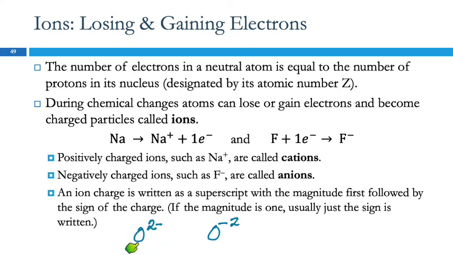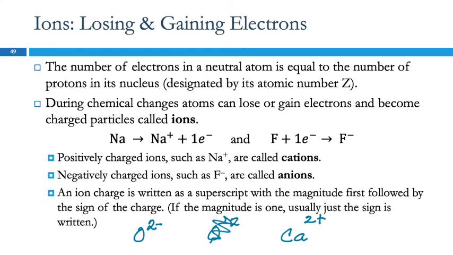But this looks wrong for an exponent because it is wrong. This is how we indicate charges. So we put the number first and then the charge, whether it's positive or negative. Calcium has a 2+ charge, and so we don't just write 2, we write 2+. Here, fluorine can gain an electron and become a -1 charged ion.